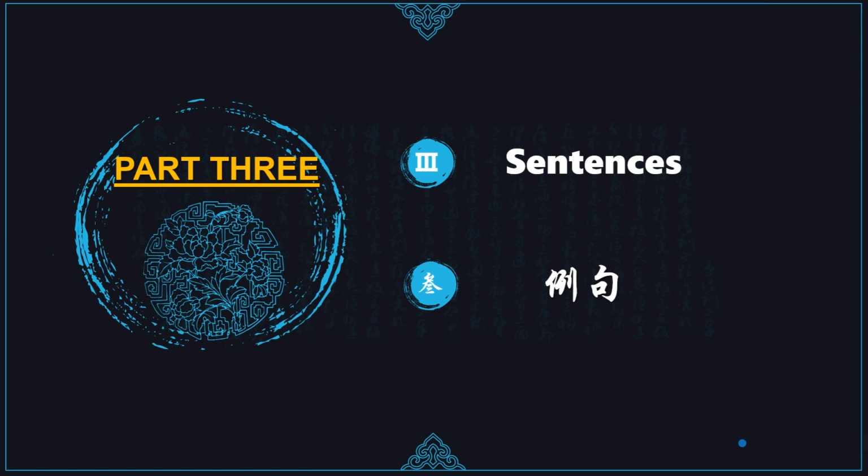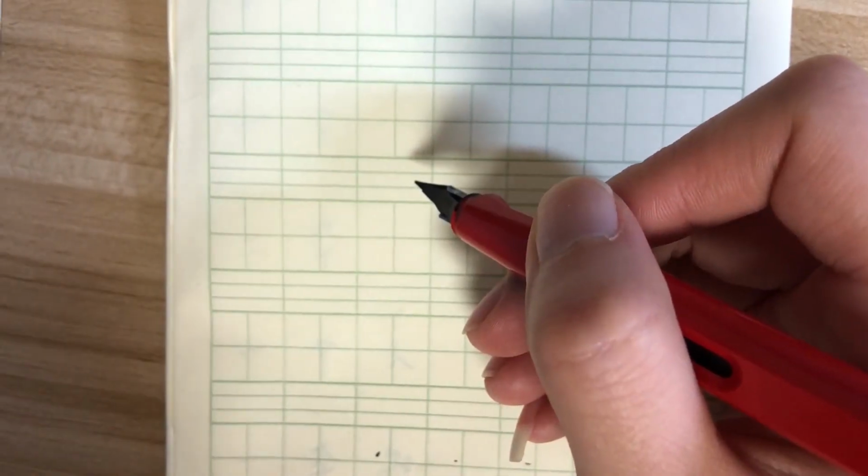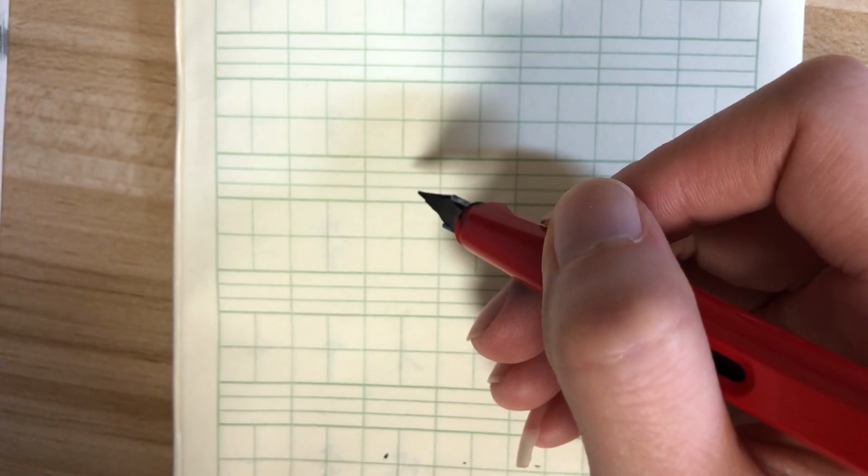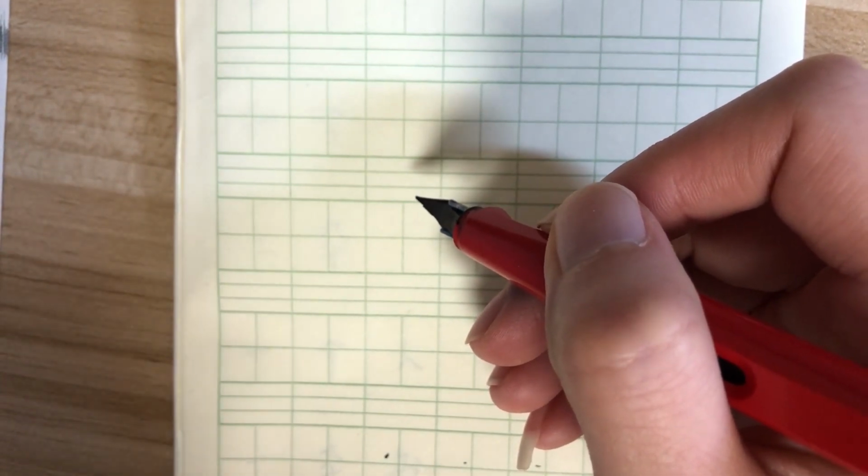Part 3. Sentences. 例句. Now we are going to use the phrases we talked about before and put them into a sentence.